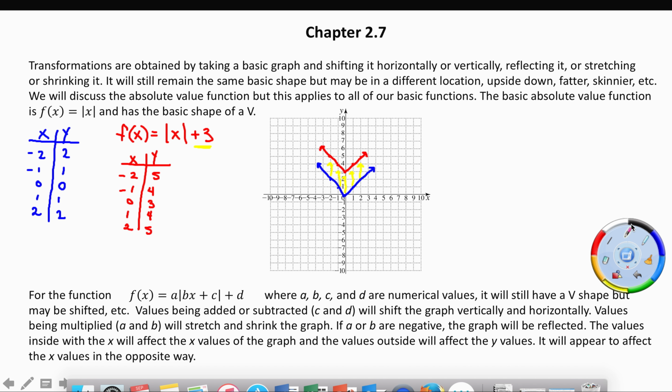Let's see what would happen if that plus 3 were inside the absolute value bars.